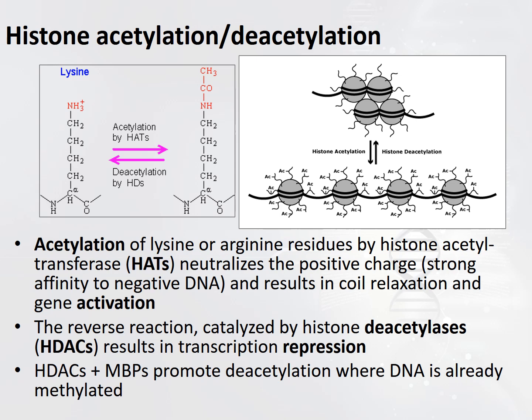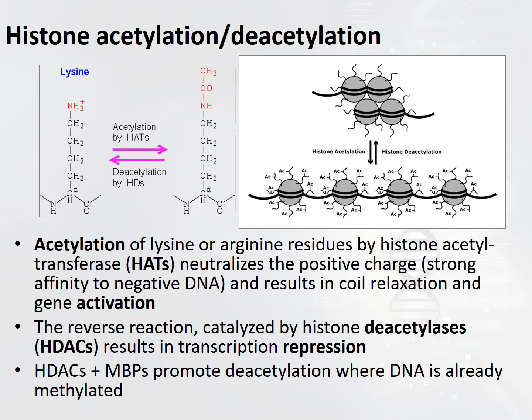So now that we're done with epigenetic modifications that occur at the DNA level, let's move on to the next type of epigenetic modifications, those on histones that impact chromatin compaction, and they are also called chromatin remodeling modifications.